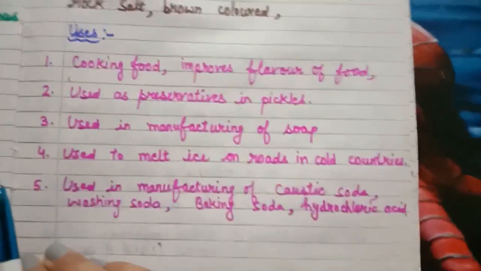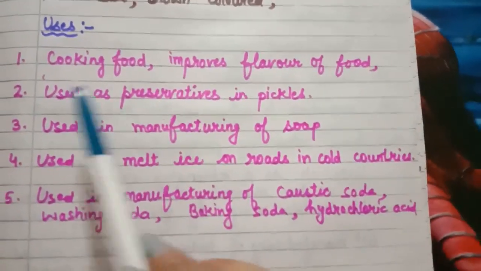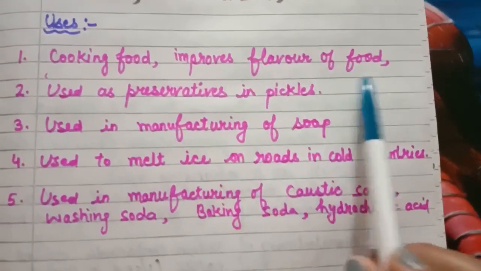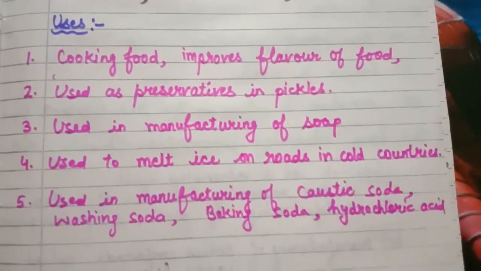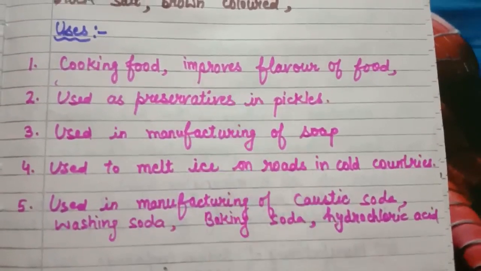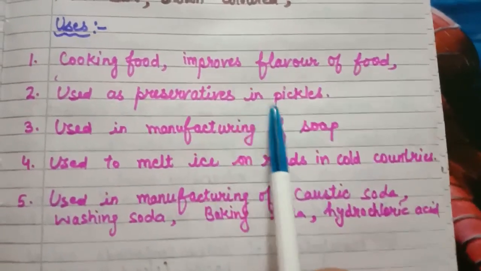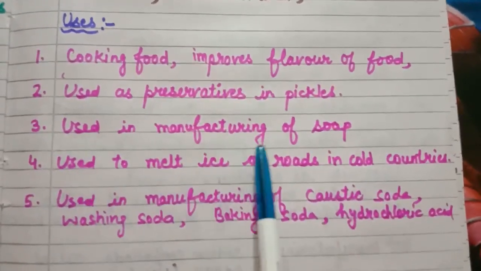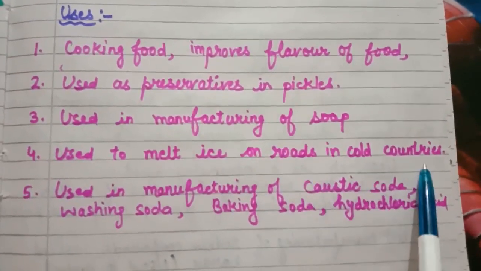Next are the uses of common salt. First, naturally, in cooking food, it improves the flavor of the food. Without salt, the food doesn't get enough flavor, so we have to add salt to improve it. Second, it is used as a preservative in pickles, in manufacturing of soap, and to melt ice on roads in cold countries.